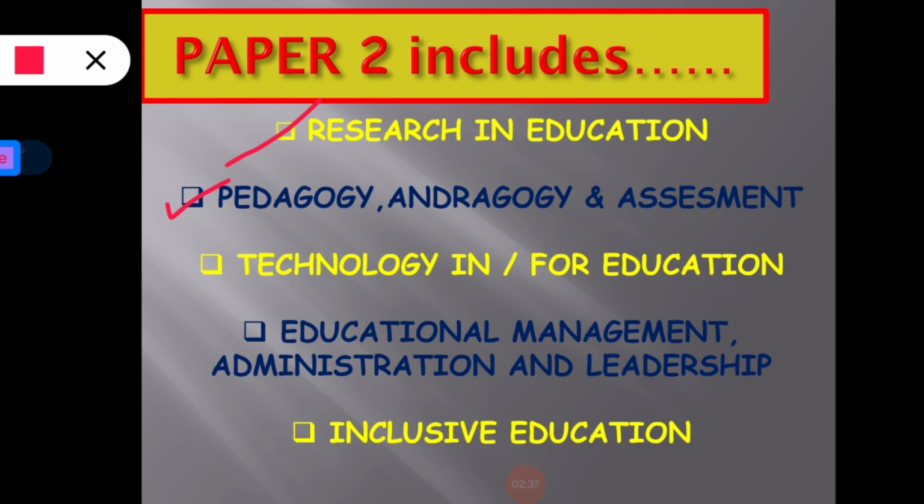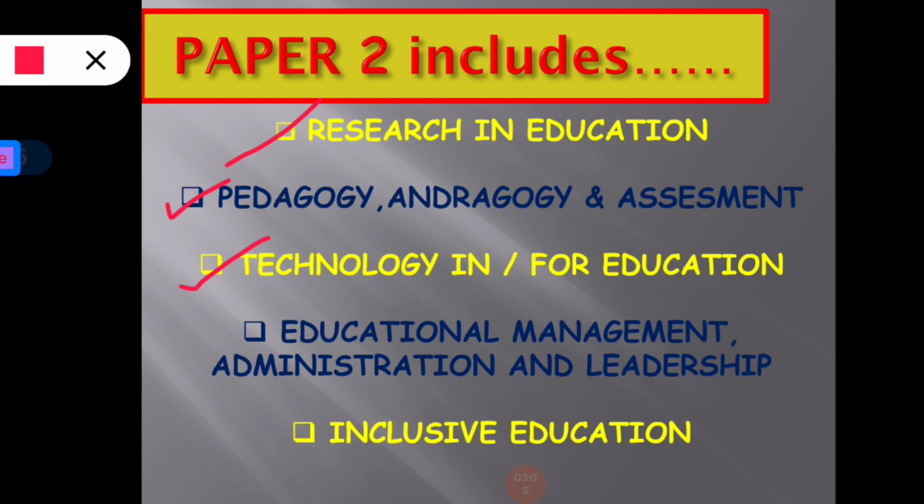So now move on to the eighth unit, that is technology in and technology for education, and this is basically related to educational technology. So what do you mean by technology in education and technology for education, and what type of educational technology is used in the educational field? All things we'll discuss in this chapter.